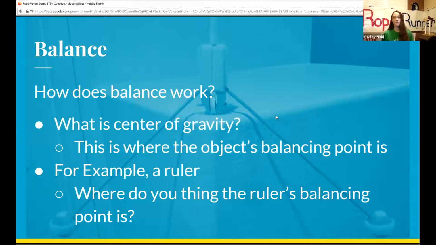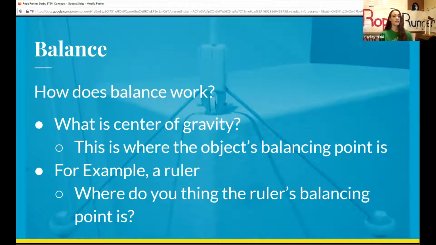Okay, so now we'll be working with balance and we'll learn all about that. Now, how does balance work? If you remember talking about gravity, it's an invisible force that is always present. Then we have the balancing point, the center of gravity of a rope runner. This is where gravity is pulling on the rope runner.